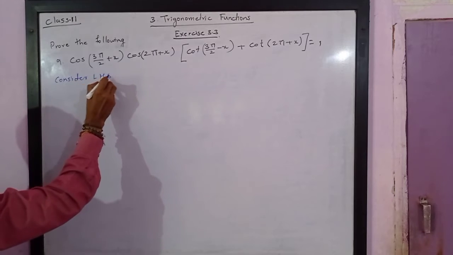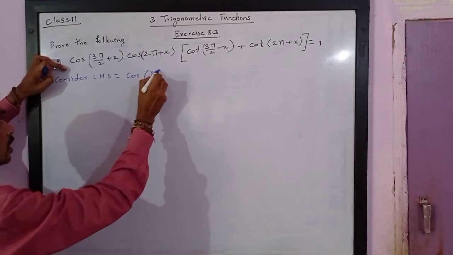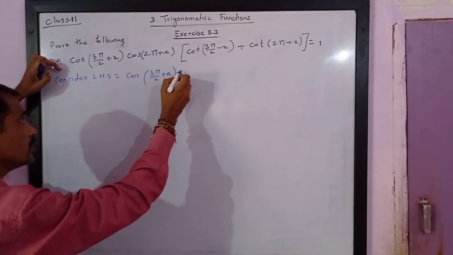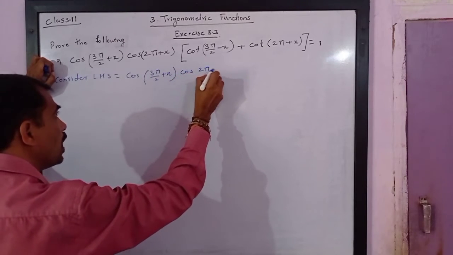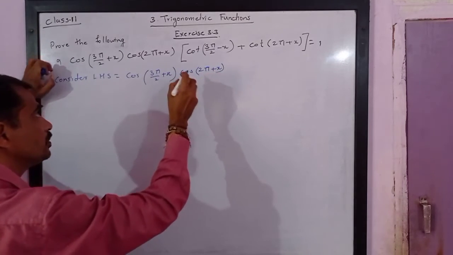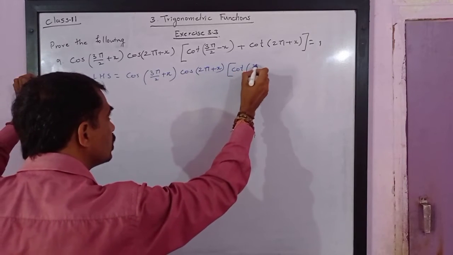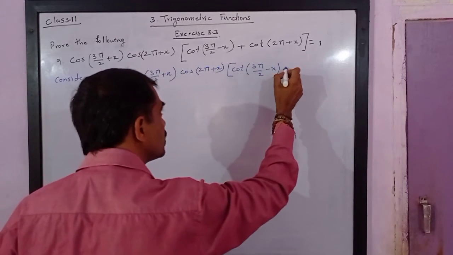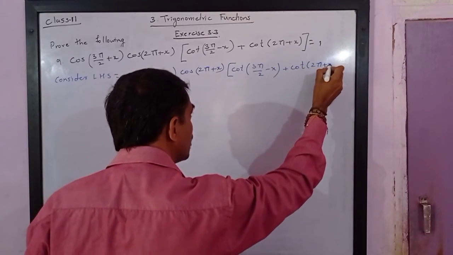LHS is equal to cos of (3 pi upon 2 plus x) into cos of (2 pi plus x) into [cot of (3 pi upon 2 minus x) plus cot of (2 pi plus x)].